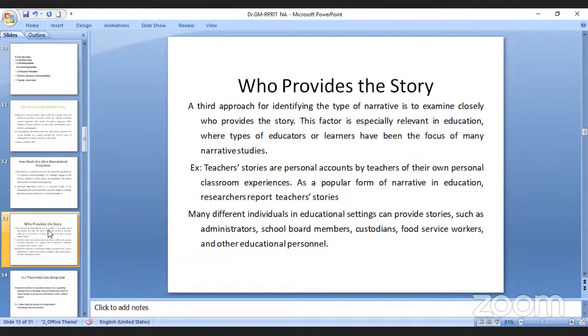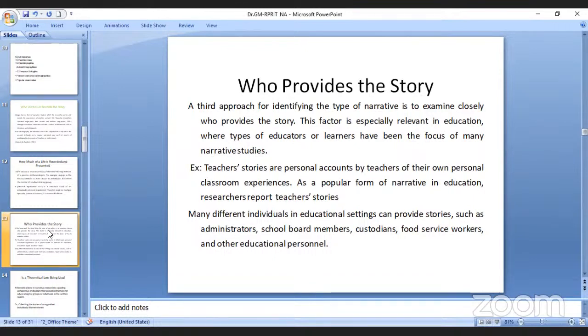Many different individuals in education settings can provide stories, such as administrators. In education, administrators means from top to bottom: district education officer, mandal education officer, then headmaster, school teacher, then class teacher. So there are different stories from the administrators. Then school board members, school management committee members, SMC members.